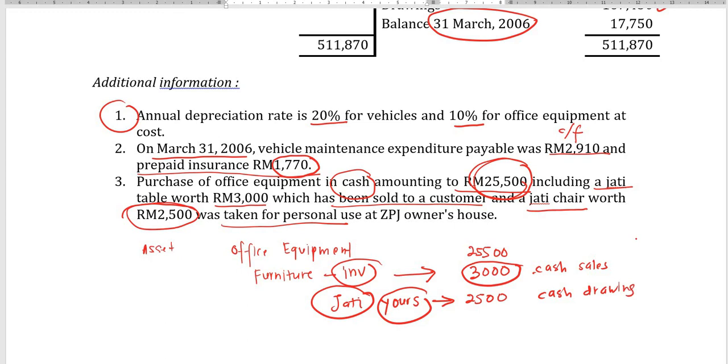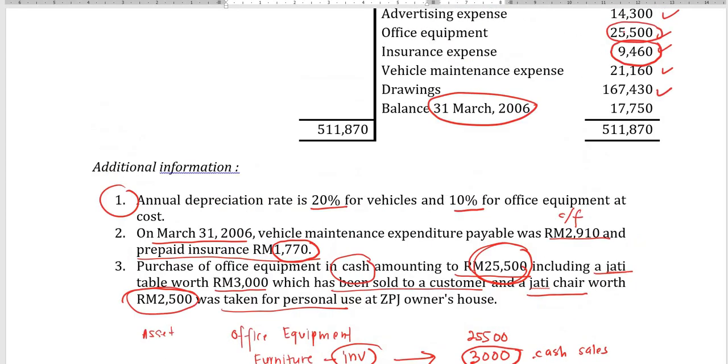Okay, so kalau you tengok dekat sini, this 25,500 ni sebenarnya bukan semua untuk office equipment. Ada 3,000 untuk sales, and ada 2,500 untuk drawings. So your asset actually cuma 20,000 sahaja.